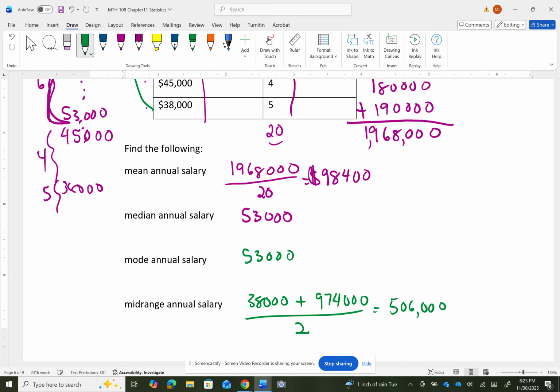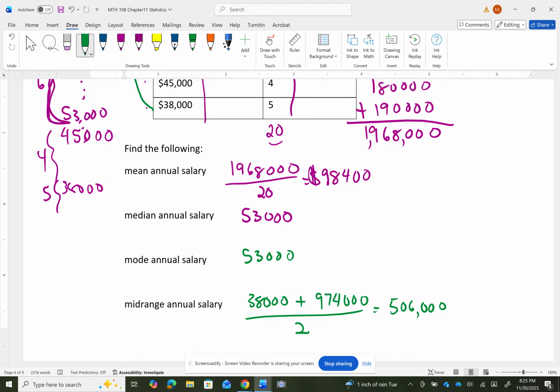Now, looking at and thinking about all 20 of those salaries, which of those numbers really better represents or is most representative of the salaries at this company? I don't think 98,400 is very representative.